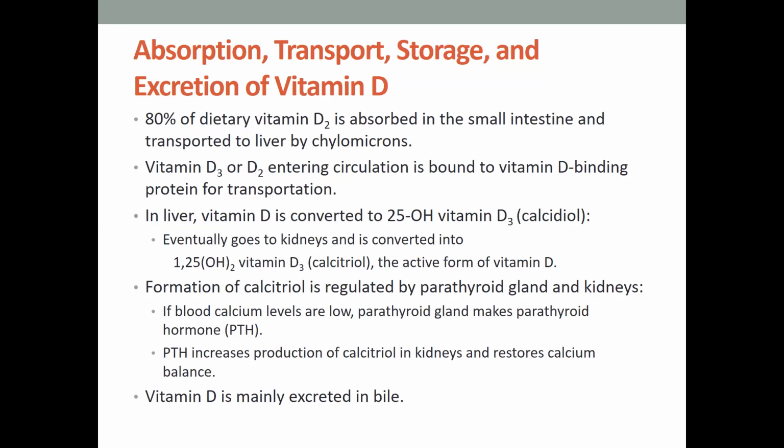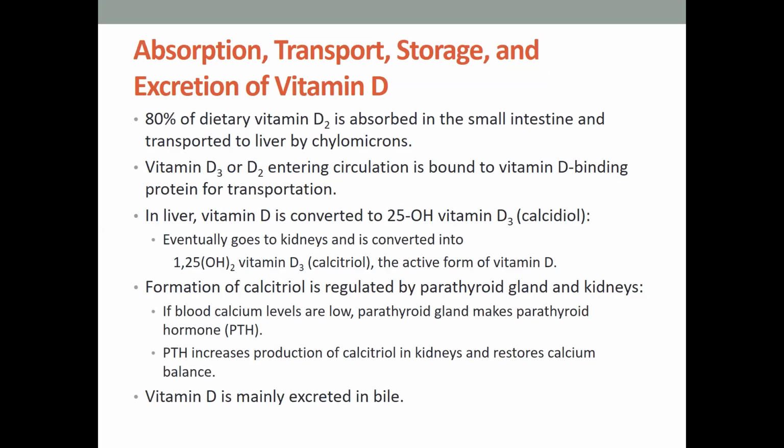So a little specific about absorption, transport, and storage. About 80% of the vitamin D that we consume through diet gets absorbed in the small intestine. It's fat soluble, so it travels to the liver by chylomicrons. Vitamin D in circulation doesn't go by itself.